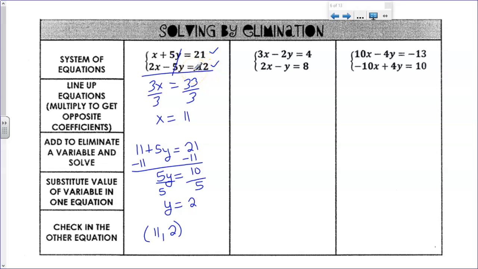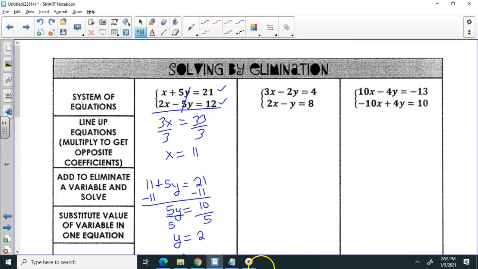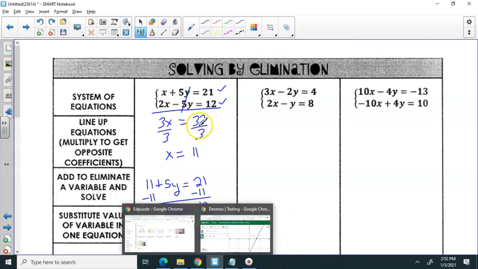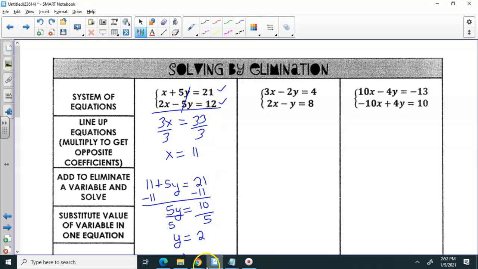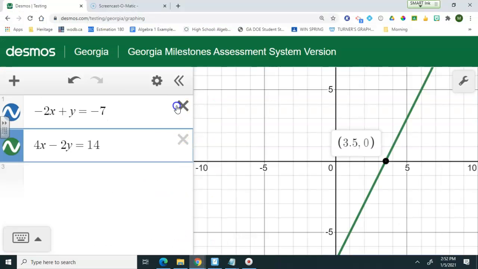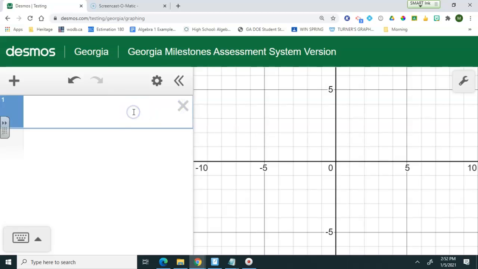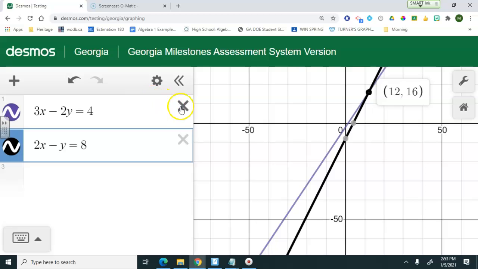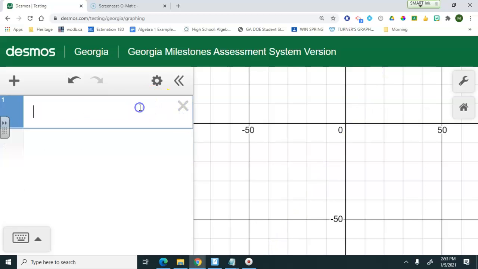So if we go over to Desmos, we're going to do one more. Now don't just go to Desmos for your answers, because on your test, I'm going to need to see you work these out on a couple of problems. So make sure you know how to work these out. Okay, so let's put our functions in here.